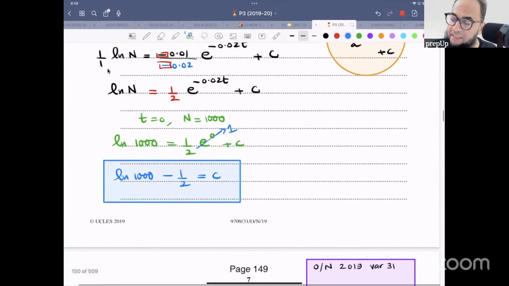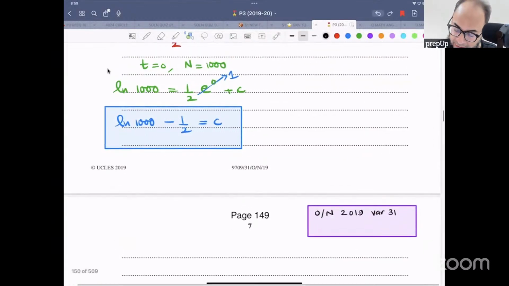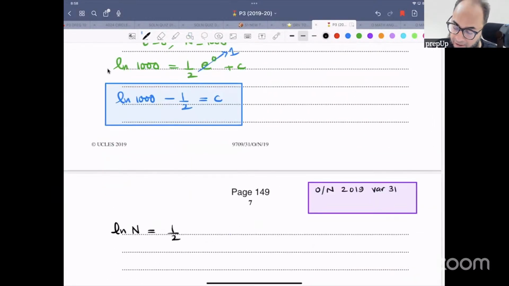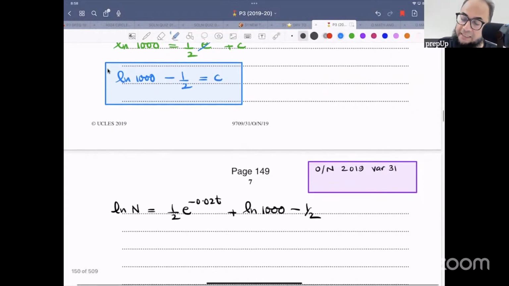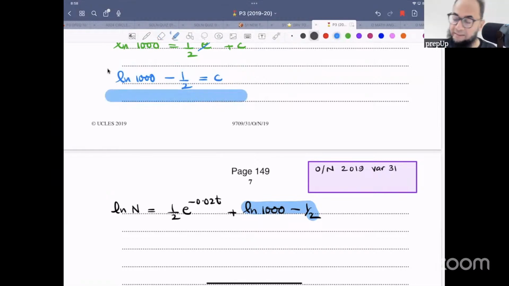That means this equation is ln of n, that is half e raised to the power of negative 0.02t plus ln of 1000 minus half. This whole thing is c. So let me highlight this in blue. This is c, that is written over there.